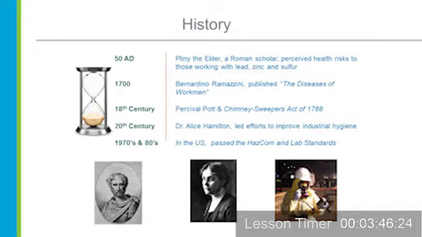Fast forward a few hundred years, and we have Bernardino Ramazzini in the late 1700s, who was considered the father of occupational medicine. He wrote many journals and books about the hazards of hundreds of different types of jobs, and even made recommendations for workers to protect themselves.